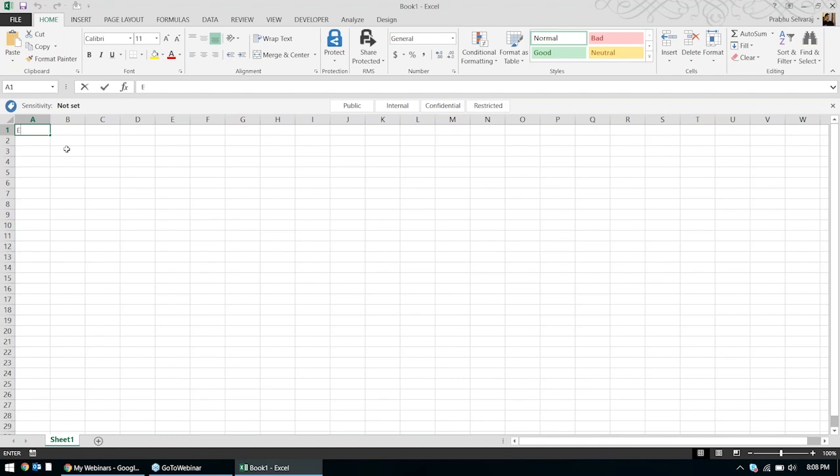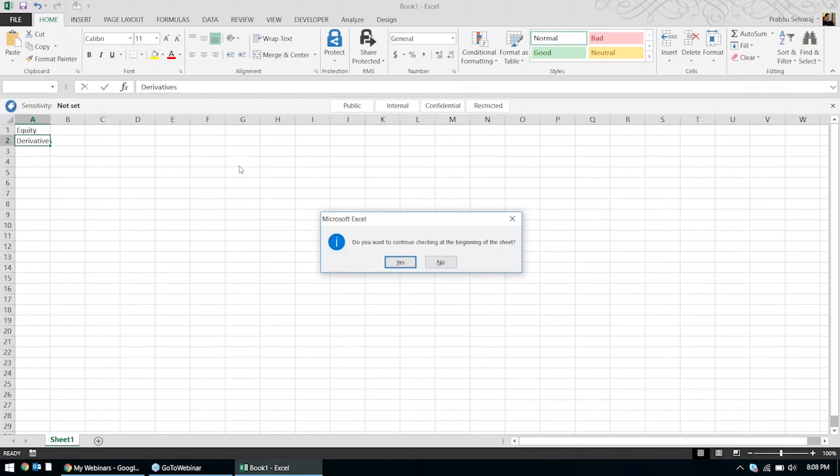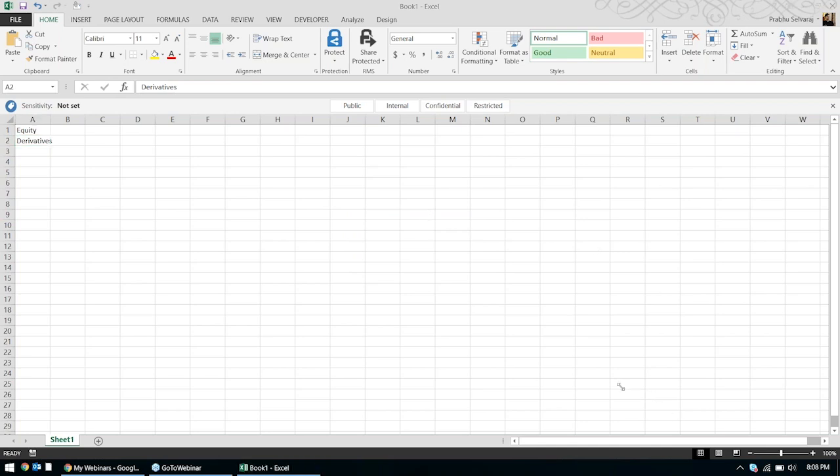In the Indian market, we trade in equity and derivatives. Two kinds of trading happen in the Indian market, which we call equities and derivatives. Let me make this chat window smaller so that I don't miss anything important.